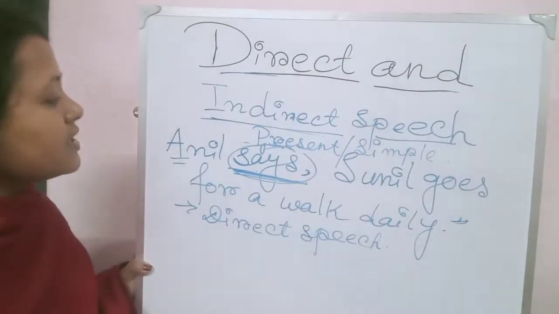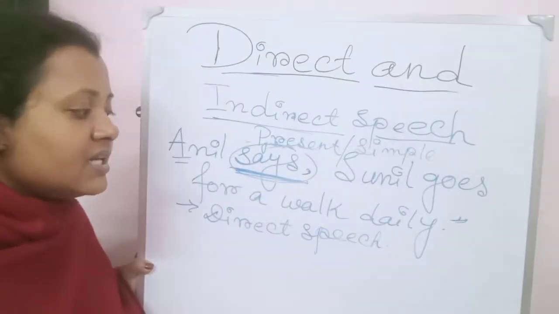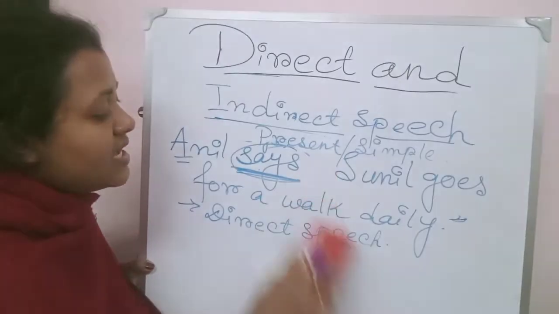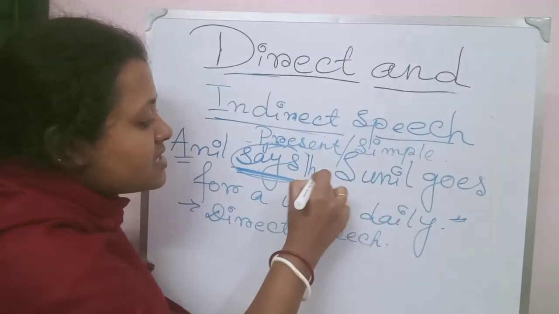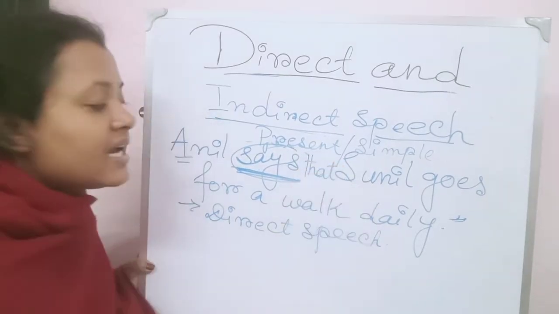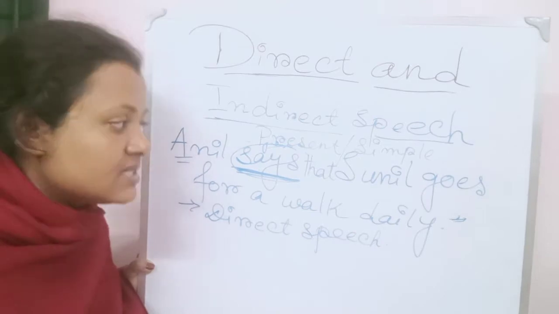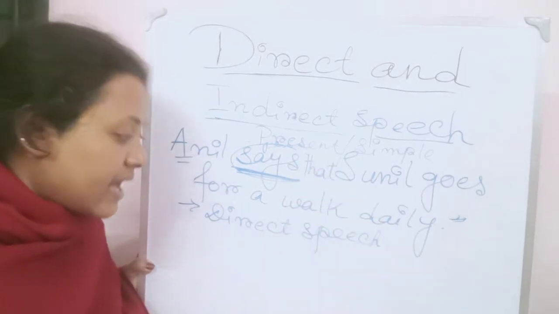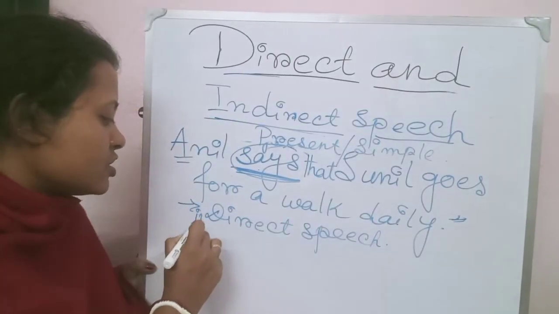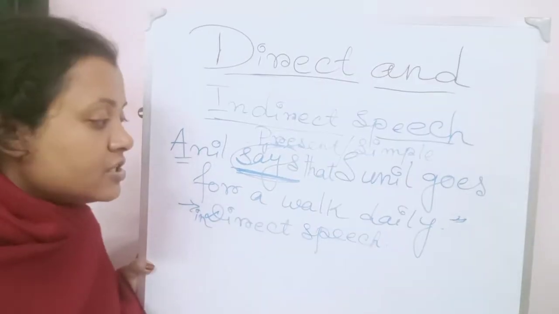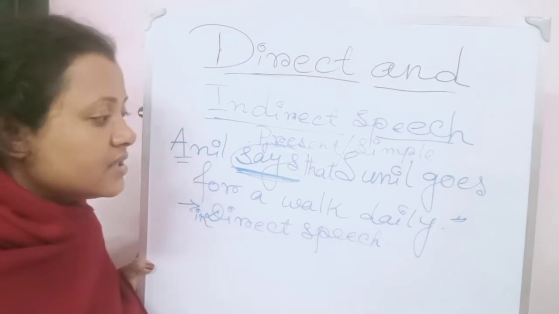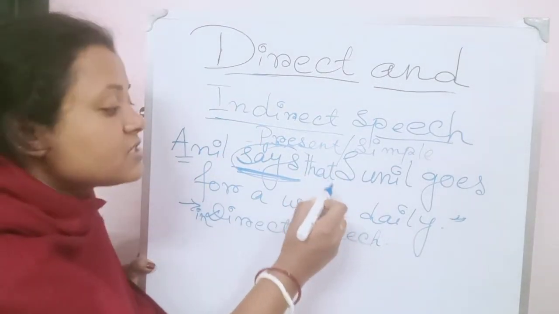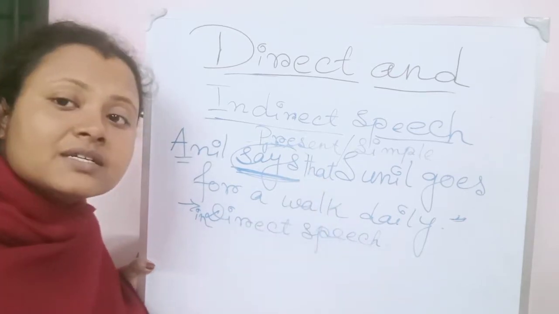Okay, students. So Anil says, in indirect speech, how will you write the sentence? Anil says that Sunil goes for a walk daily. There won't be any inverted commas in indirect speech. Do not give any inverted commas in indirect speeches. So Anil says that, in place of the comma you write that.